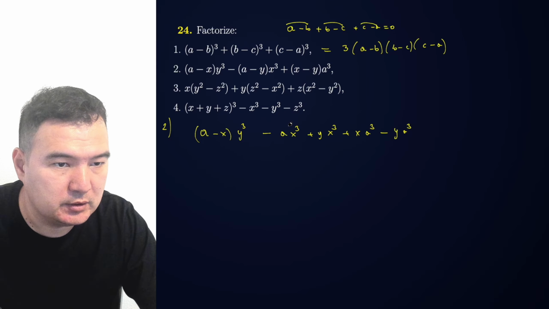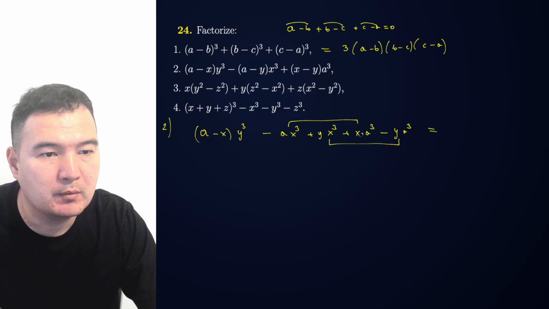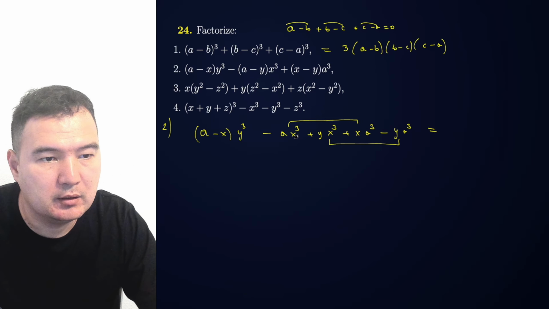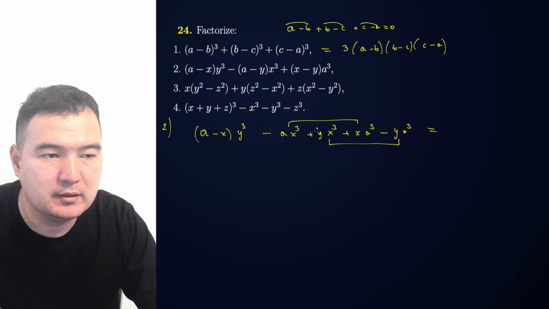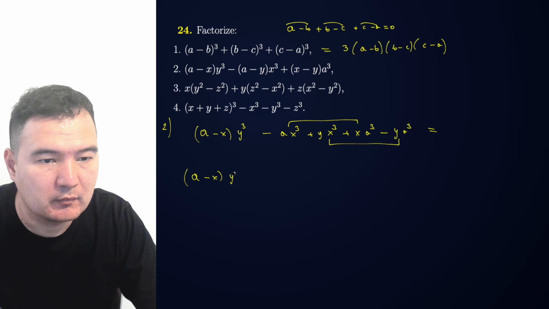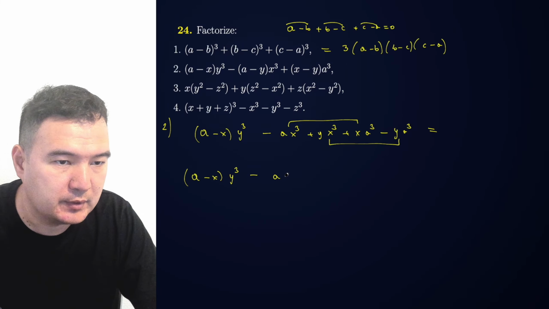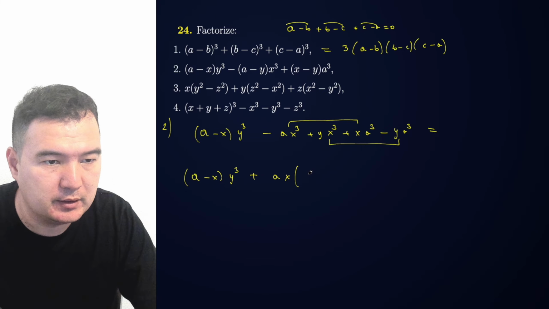Probably I will regroup it with these two, then these two, because here I can take out ax, and here just y. For this one, I'm taking out ax. If I take out plus ax, I will be left with a squared minus x squared.